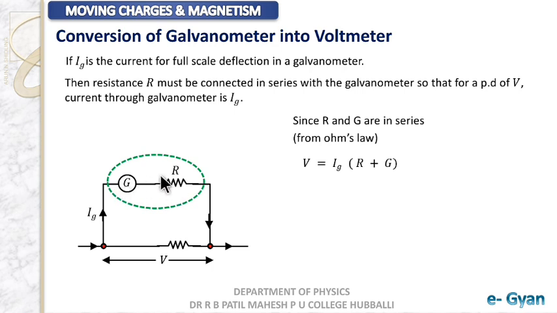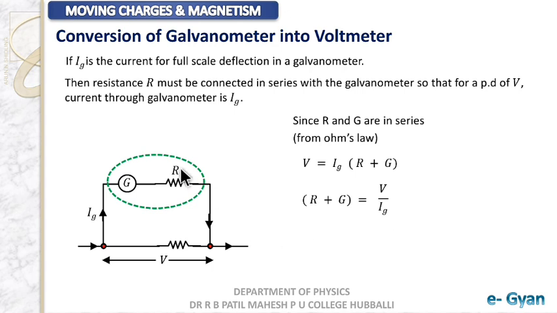Since both of them are in series, the effective resistance is R plus G. Writing ahead, we take G to the other side and get the expression: R plus G is equal to V divided by Ig.